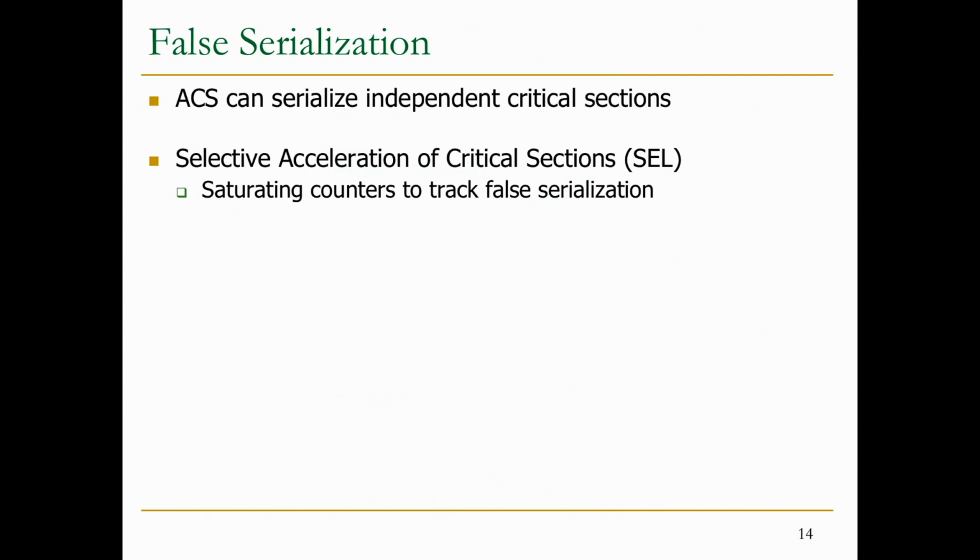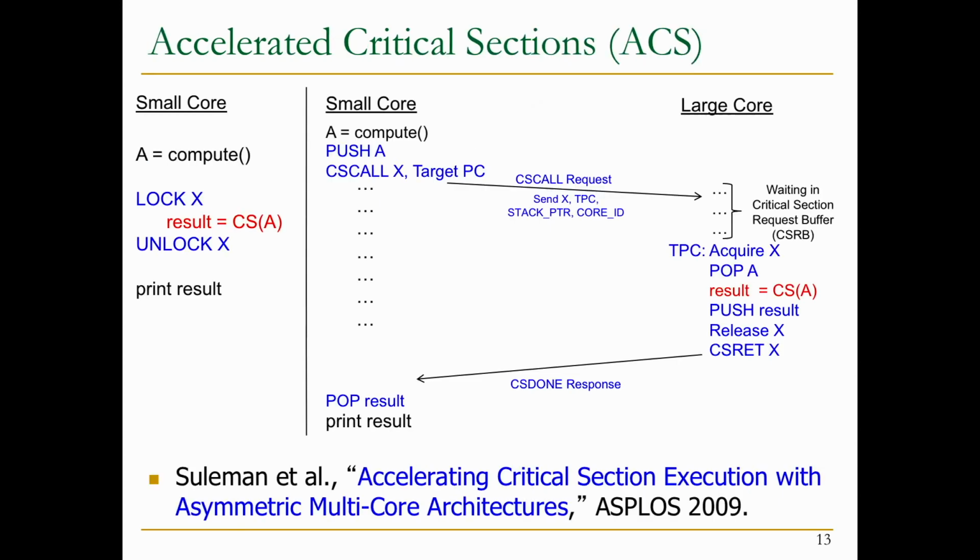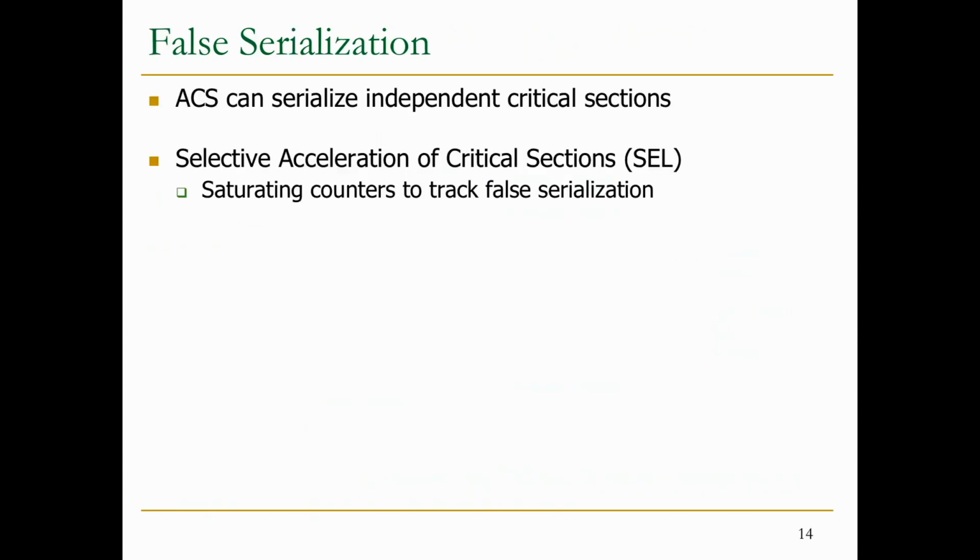Okay, so clearly this has a lot of potential benefit, as we will see, but it has some issues also, like we've discussed. It has another issue, which is actually very serious, I think, called false serialization. You have a single large core, and you're shipping all of the critical sections over there. What if one core is executing a critical section A, and another core is executing a critical section B? These are different critical sections.